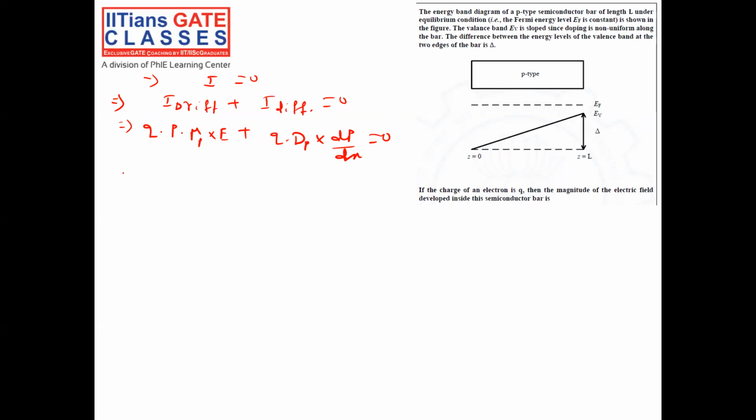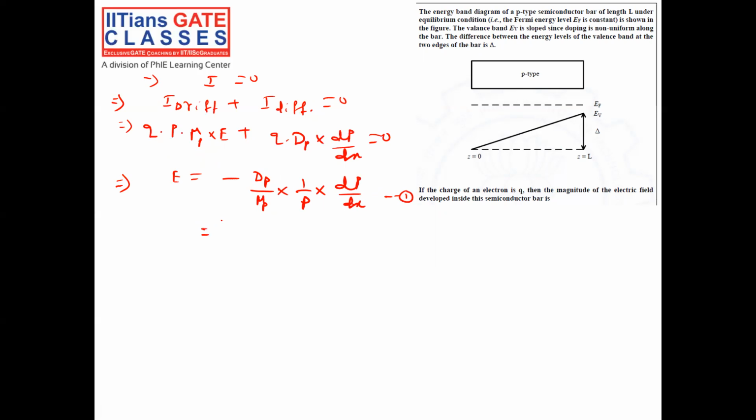Okay, so this implies, what will happen, guys? If you see, electric field is equal to minus Dp by mu p into 1 by p into dp by dx. Okay, this is an important equation.